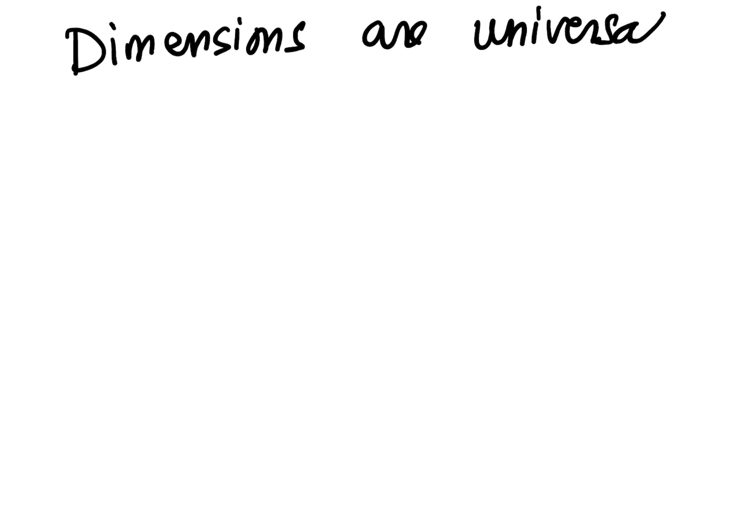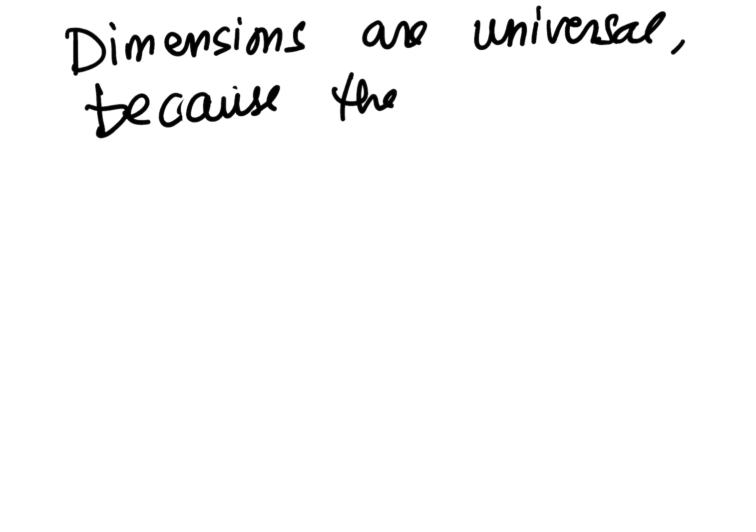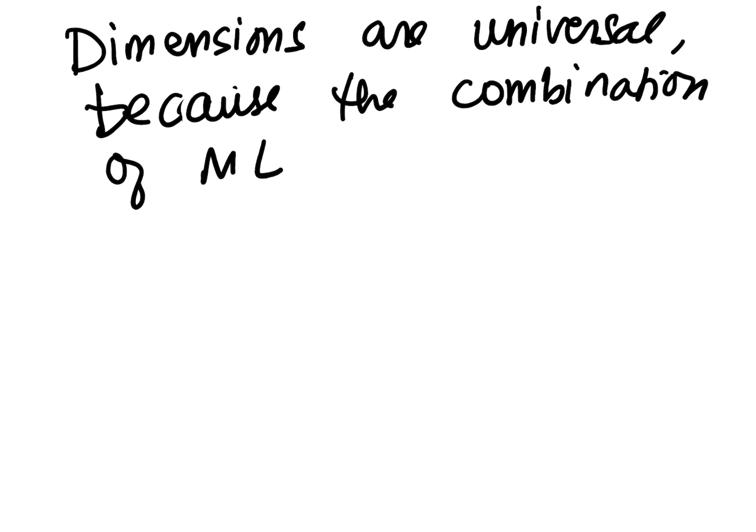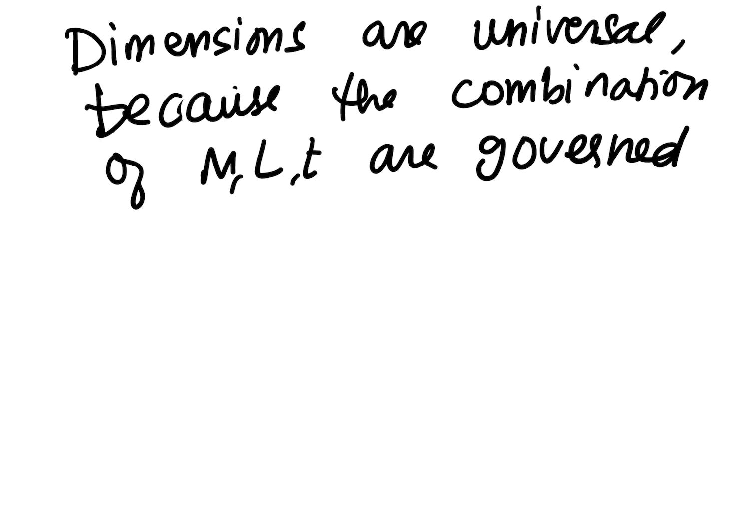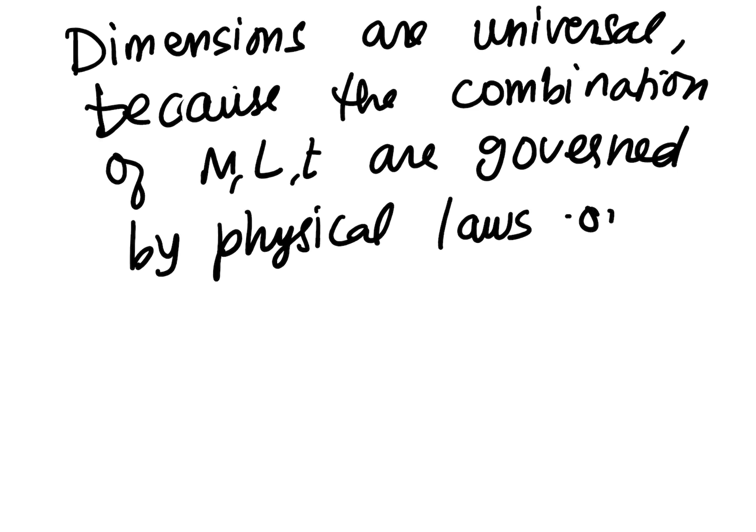So you can think of dimensions as universal, because the combinations of M, L, T are governed by physical laws or definitions that are universal and not dependent on any particular set of units.